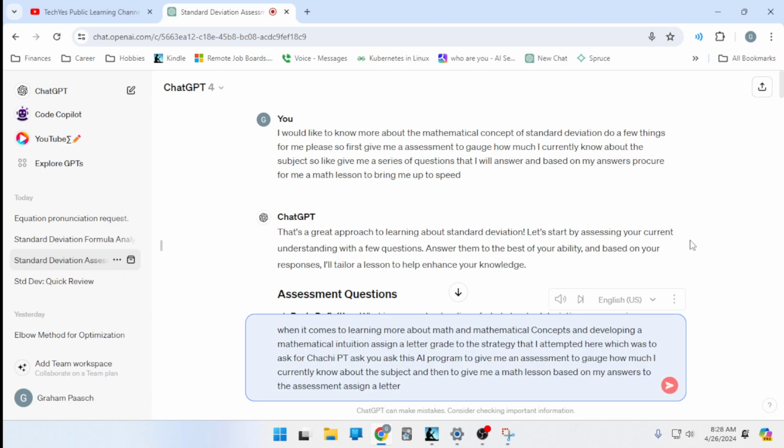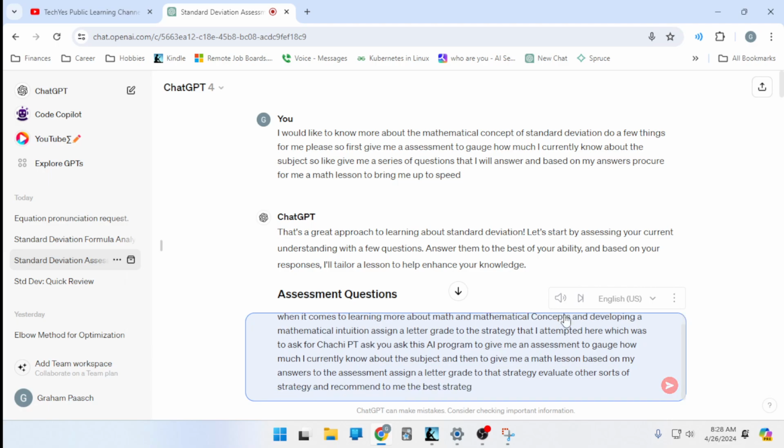Assign a letter grade to that strategy, evaluate other sorts of strategy, and recommend to me the best strategy for learning advanced mathematics.